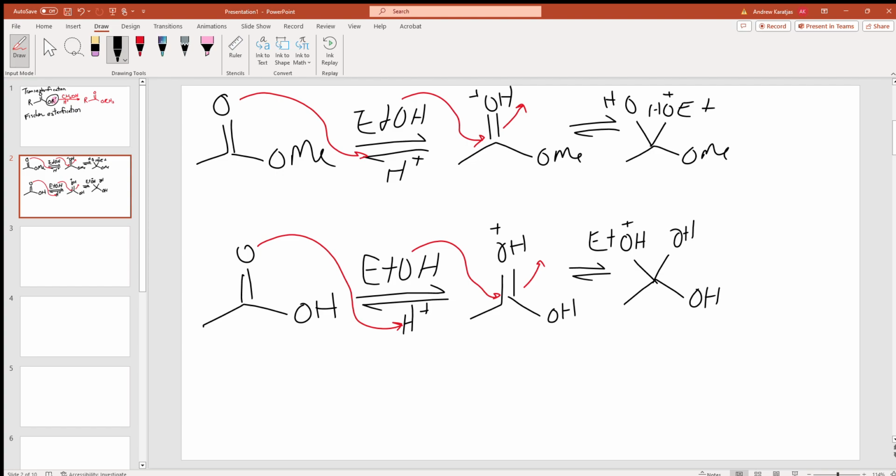We then transfer the proton from the ethanol that just came in over to our leaving group. Same thing in our Fischer esterification.